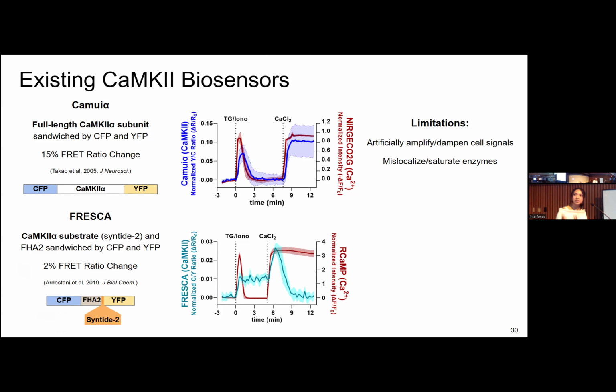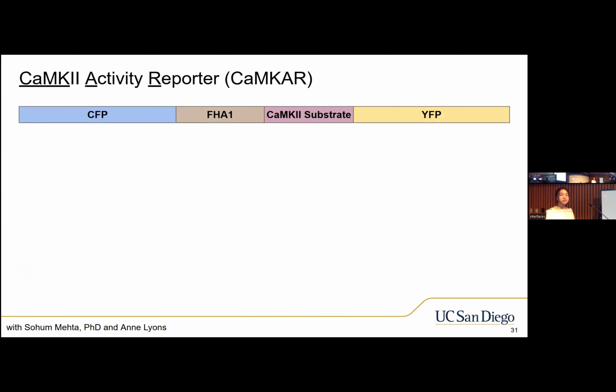But the thing is, with this substrate-based sensor, it had a very low dynamic range of only around 2%, and it also had a very noisy signal. And we also found out that the Syntide2 substrate can also be not specific for CAMK2 and report protein kinase D activity. So to address these limitations, we engineered a CAMK2 biosensor using a new CAMK2 specific substrate, which we called CAMK2 activity reporter, or CaMKAR.